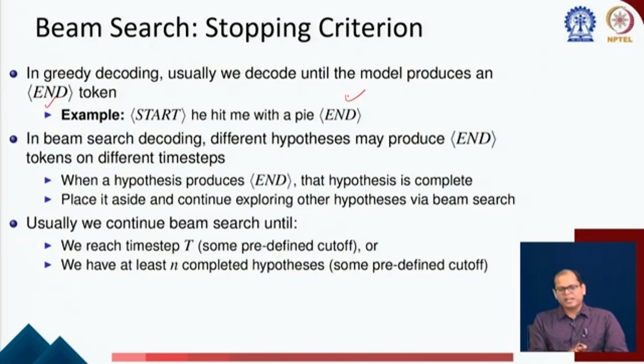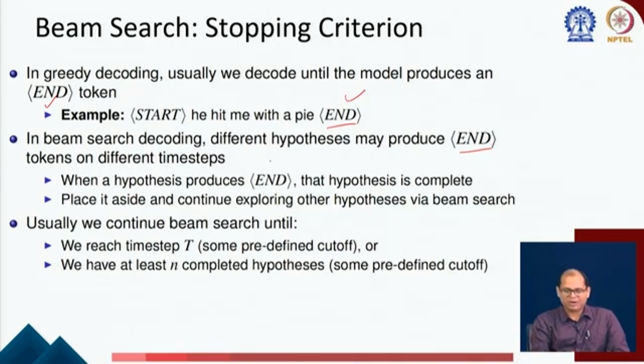But in beam search decoding, different hypotheses may produce this end of sentence token at different time steps, right. We saw that in the previous example also. We were getting EOS one step before the other path that we were exploring.